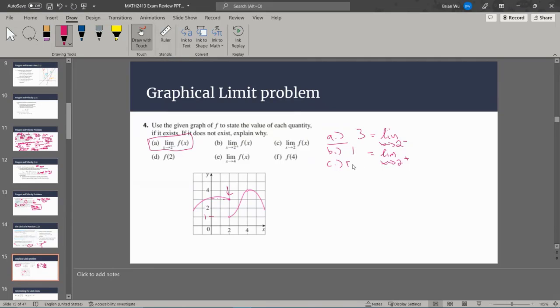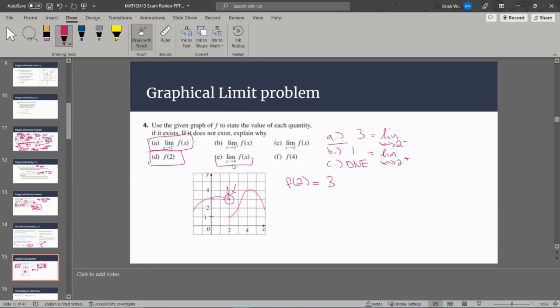So therefore we conclude that the limit does not exist, because the left side limit and the right side limit are not the same, that's it. And D is just asking for a point at f of 2. And as we said before, for graphs, a dot will be closed, so it's defined, and a hole will mean that that point is not defined. So f of 2 will have to be the closed dot, which is at 3.